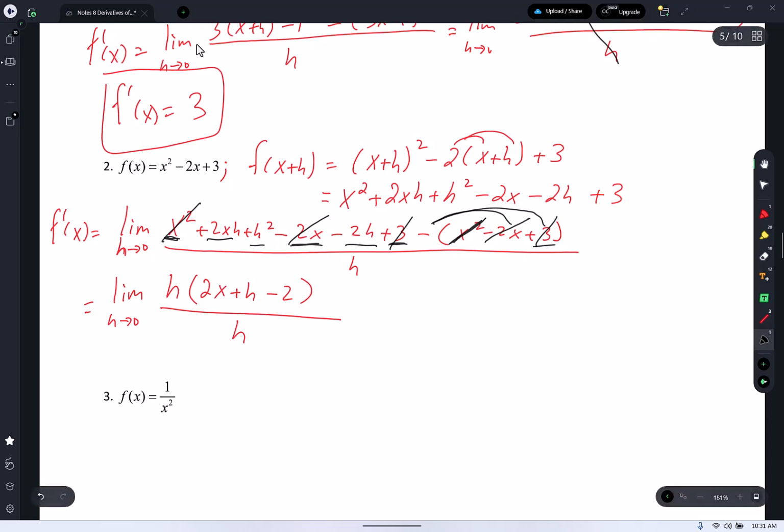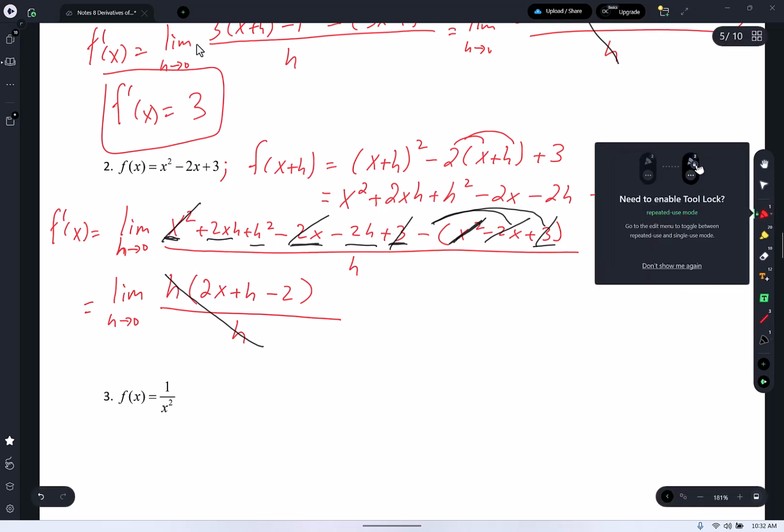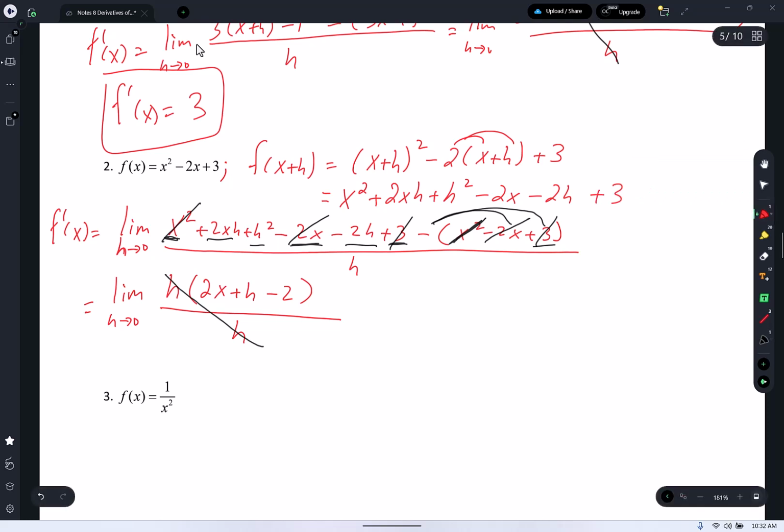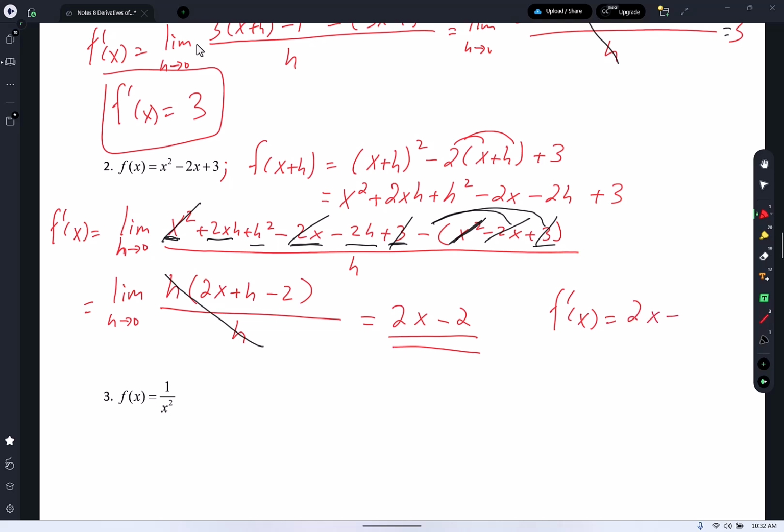Now what can I cancel? The h's. And what is h approaching? 0. So all I have now is 2x minus 2. So f prime of x is 2x minus 2.